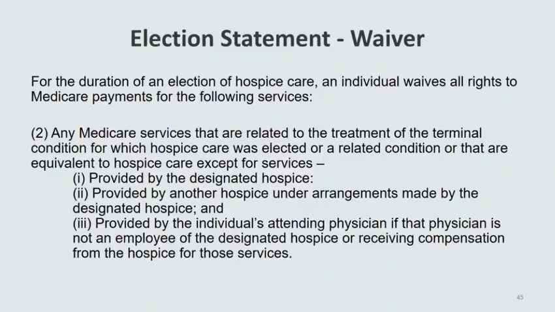For the duration of hospice care, they also waive their right to any Medicare services that are related to the treatment of the terminal condition for which hospice care is elected, or any related condition, or services that are equivalent to hospice care. So that's hospice care by another provider, services that a hospice should be providing.